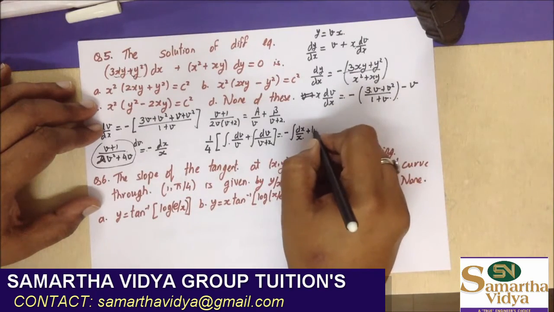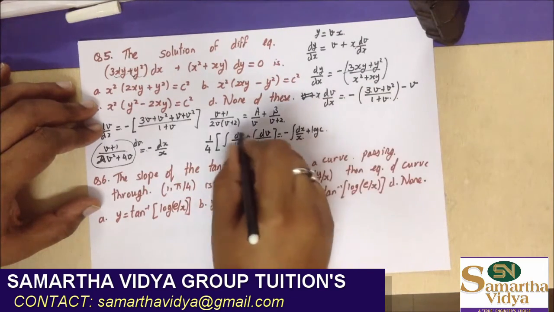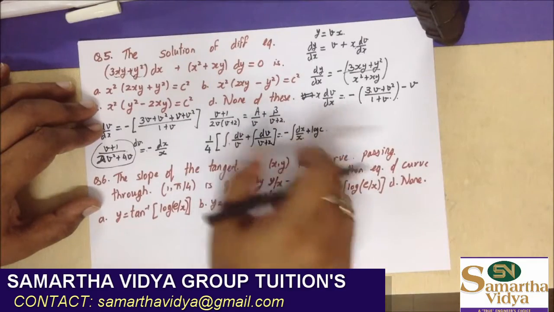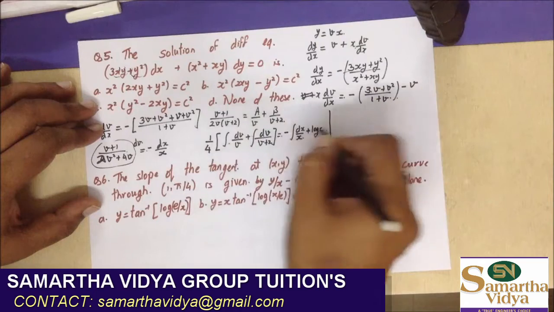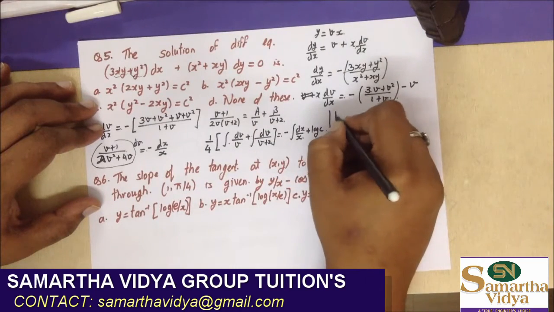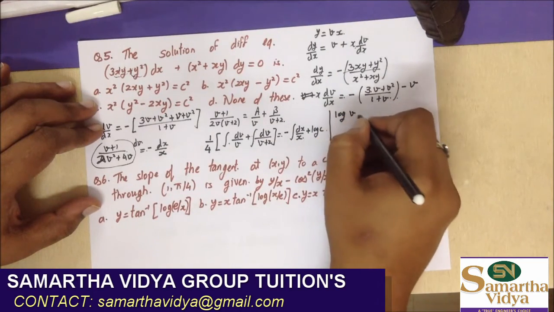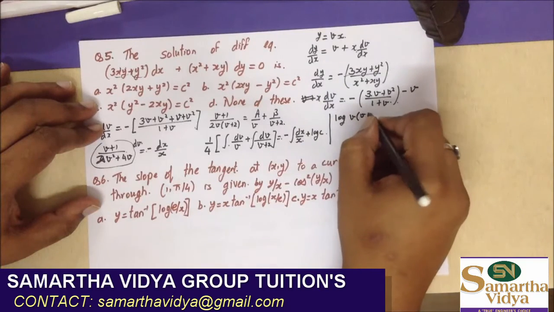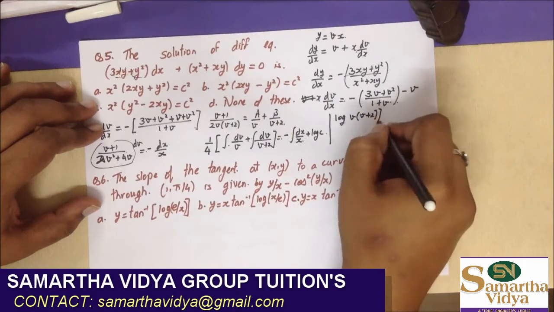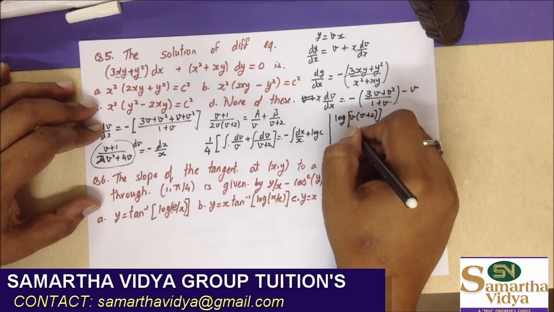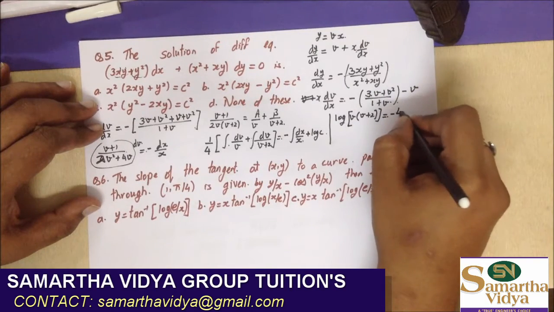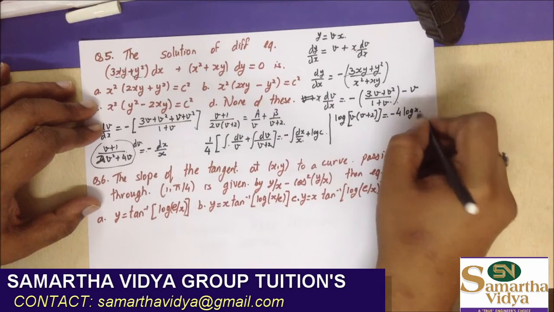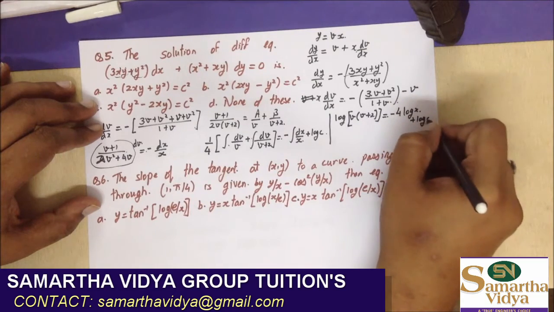Let's take that term as log c, because you can see it is nothing but log which is present. So I'll be getting the 4 going on that side. So this is going to be log of v(v + 2), because we are using the log property, is equal to -4 log x + log c.